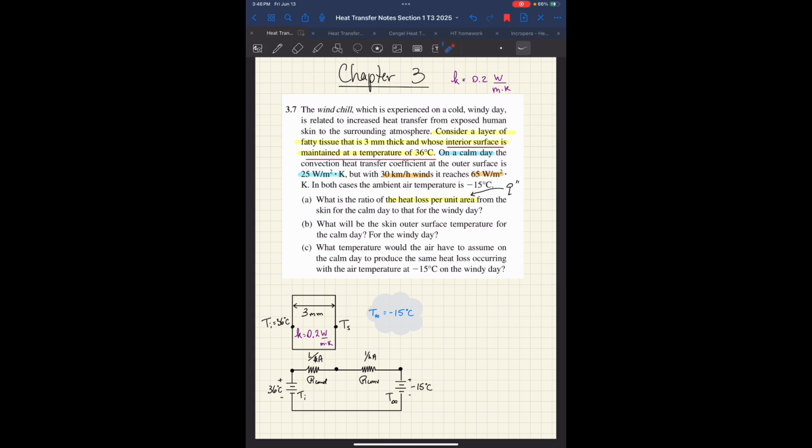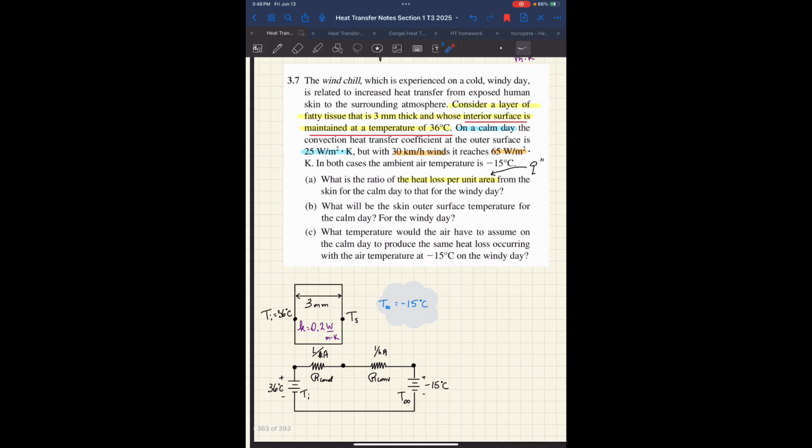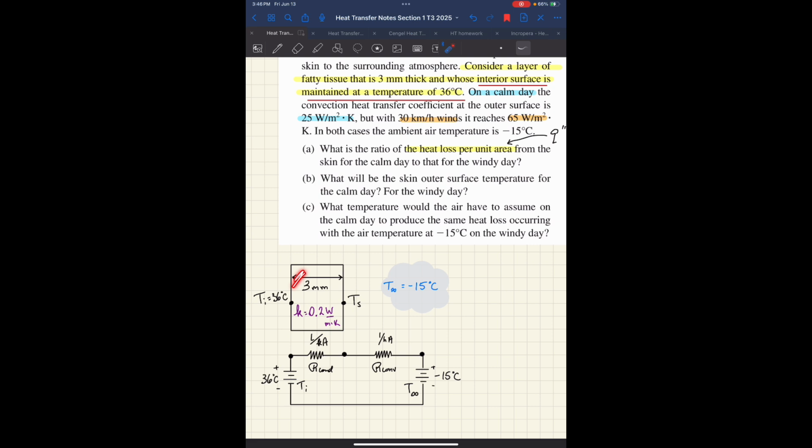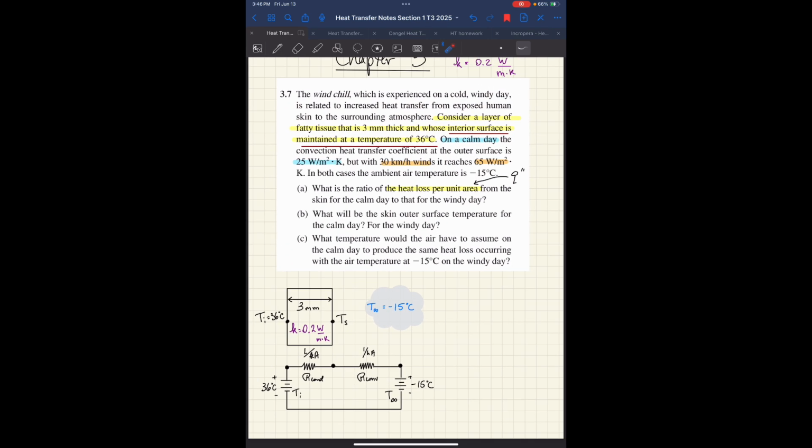So first part is, what is the ratio of heat loss per unit area from the skin for a calm day to that for a windy day? Okay, so let's take this one step at a time. I already drew the thermal circuit, but let's go over how I did that. This is the skin fat layer, right? This is the internal part, which is staying at a constant 36 degrees Celsius.